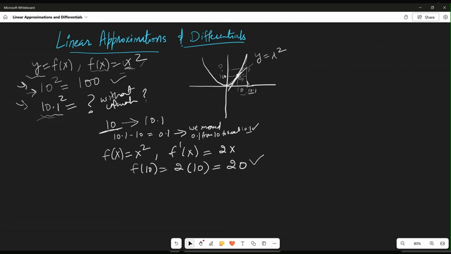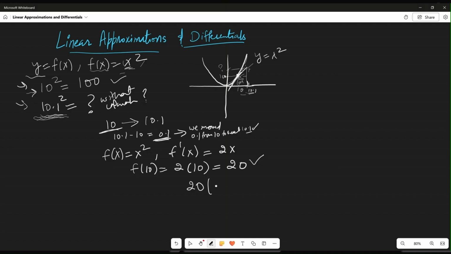Though this function at 10 is changing at a rate of 20, we are moving from 10 to 10.1, this delta x or dx, so we have to consider how the function's output is going to change given how much we moved from here to here.